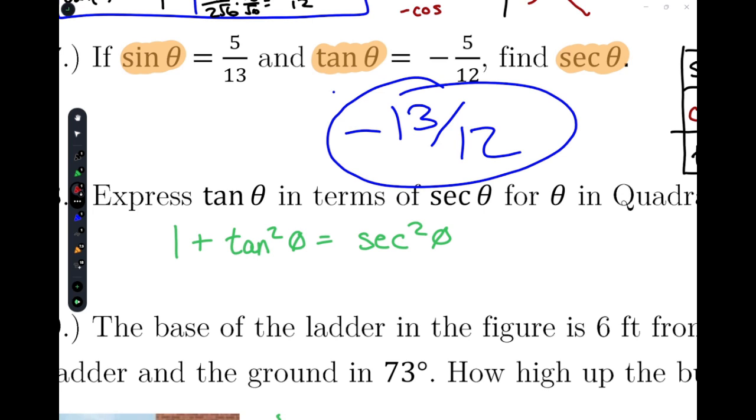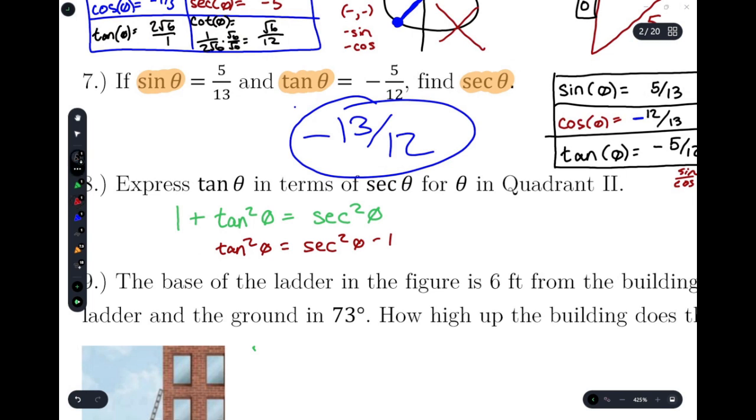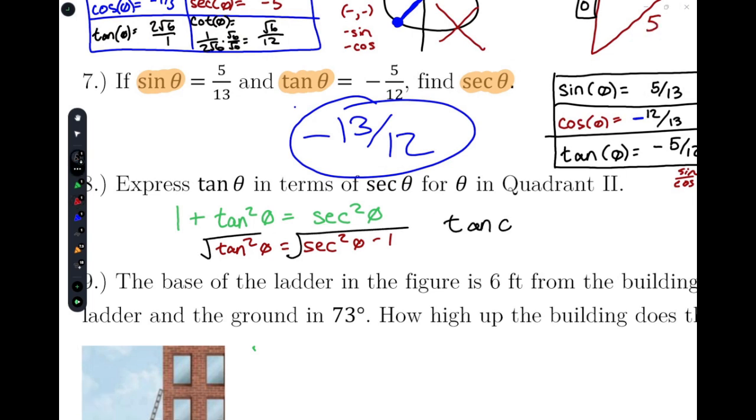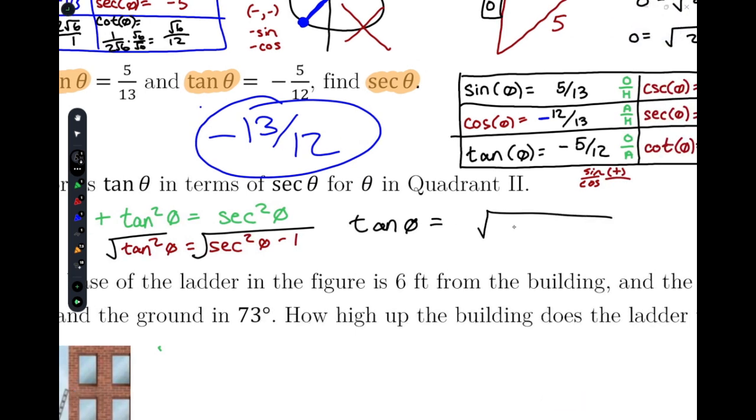So you subtract the 1. You probably square root the tan. And then how do you know whether to pick positive or negative? Quadrant 2 tells you.